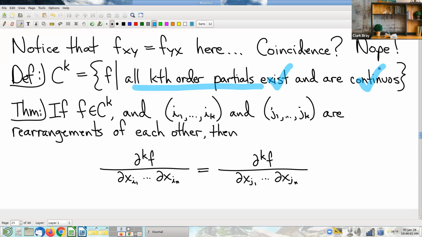This is sort of beyond continuous differentiability. So I need not just the first partials, but the kth partials to exist and be continuous.